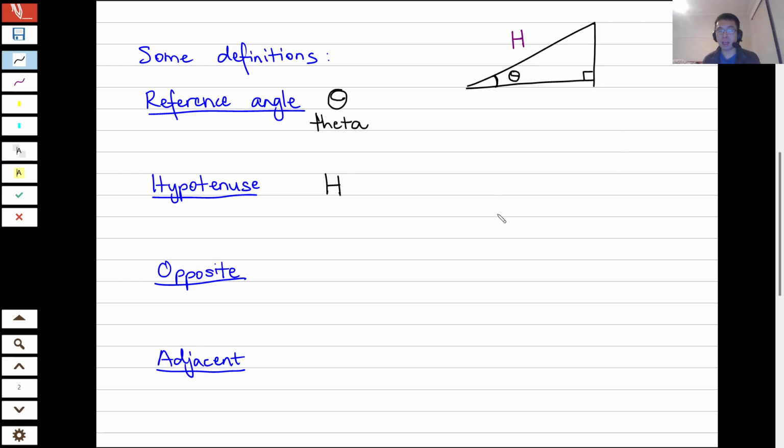Next, and what is new today, is the opposite side, which I'm going to label with the letter O, and the adjacent side, capital A. The opposite side is opposite theta. So instead of facing outwards from the right angle, it's facing outwards from theta. You'll notice the opposite side, which I'm highlighting in yellow here, is not touching the angle theta. That's how you know it's the opposite side.